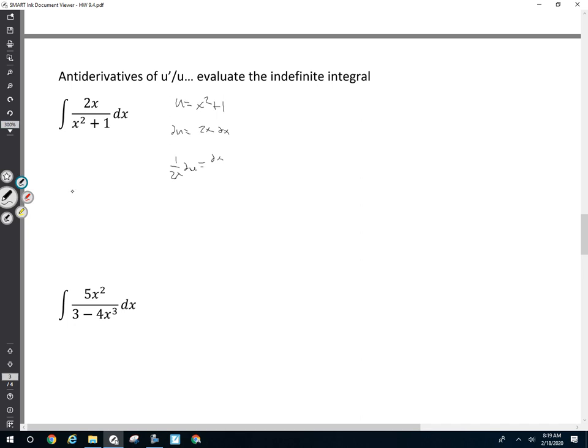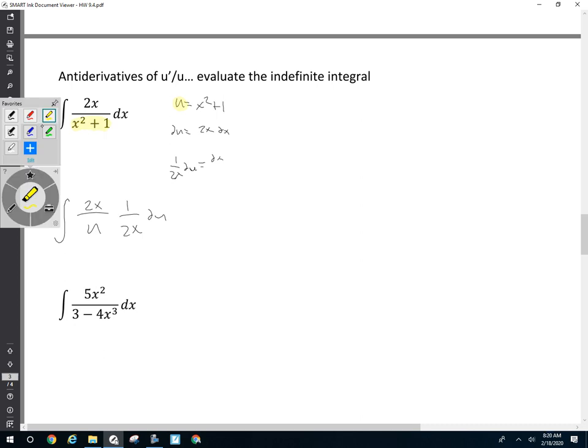This will turn into an integral of 2x over u and then 1 over 2x du. Let's go through the u step. That replaces that. dx gets replaced by this. The 2x's will cancel.